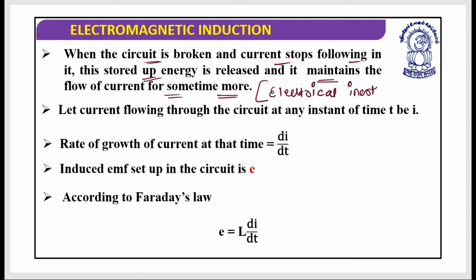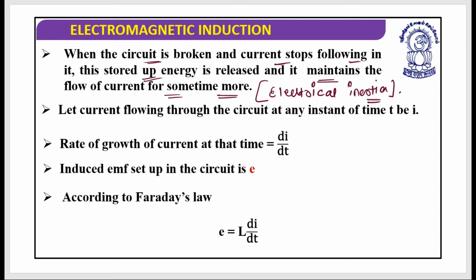Have you remembered the word inertia? What do you understand by inertia? Yes, it is resistance to change. When we say it's an inertia, that means it is not accepting that it is going to be changed. That is what we call inertia.